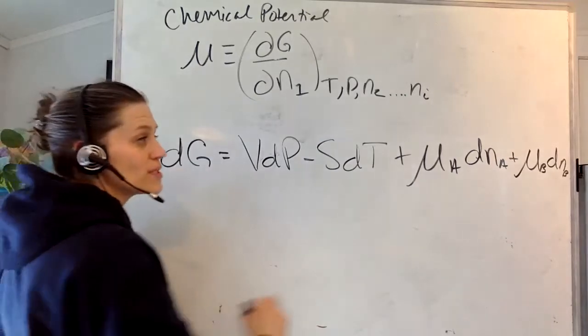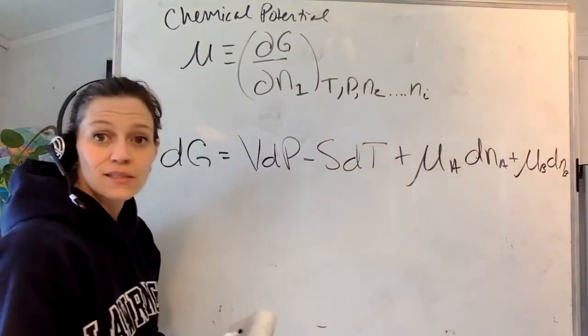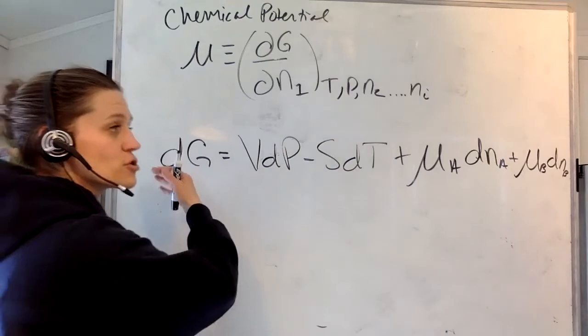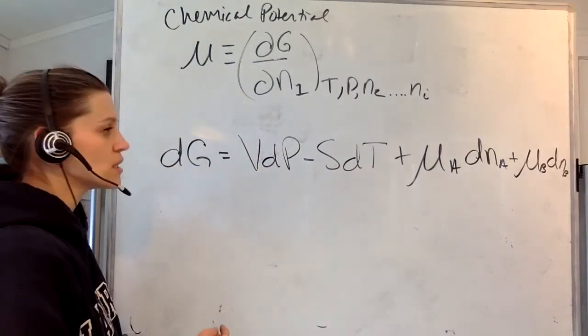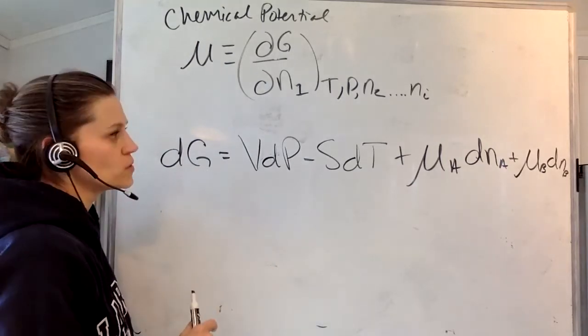If you have just a one-component system, all of this goes away because dN is 0. There's no change in the number of components present. So this is actually the complete fundamental equation of thermodynamics that incorporates the changing number of moles.